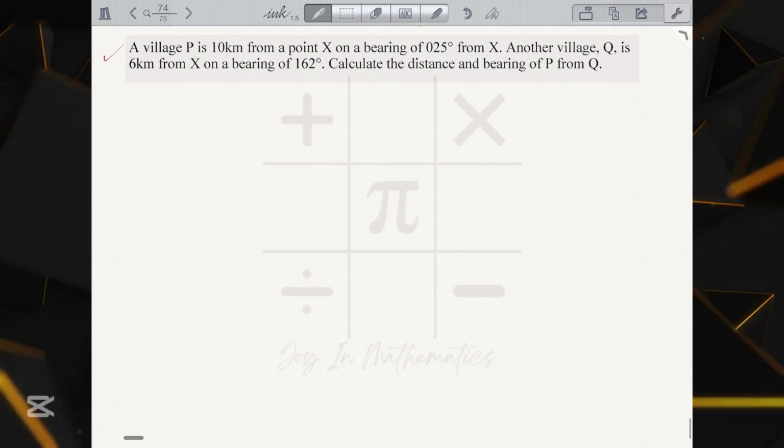Now, this helps us to understand that we have a point X, and whenever we have a point X, we have north, south, east, and west. The first thing we will notice is that a bearing of 025 degrees from X goes to village P, which is 10 kilometers away.